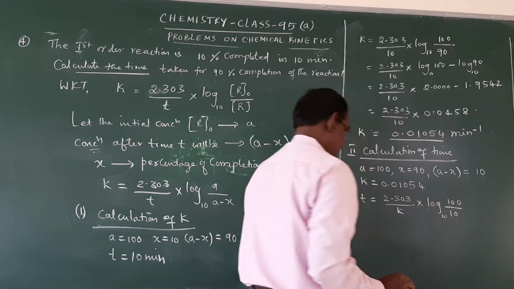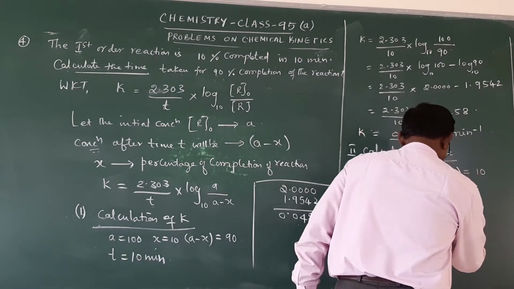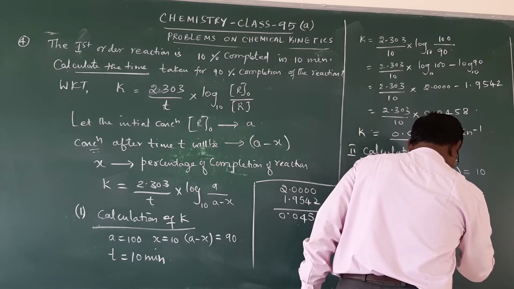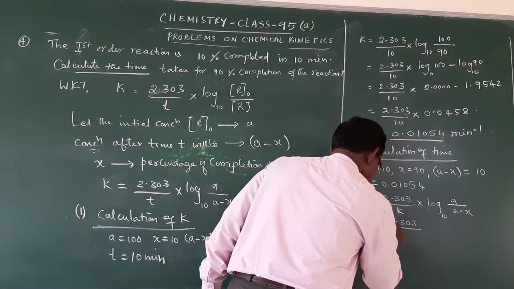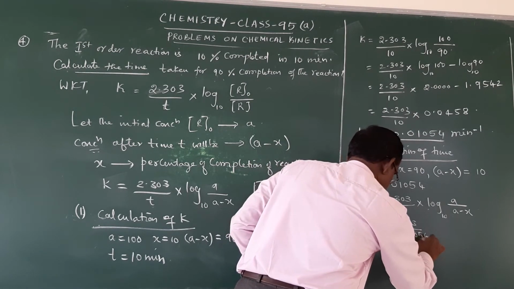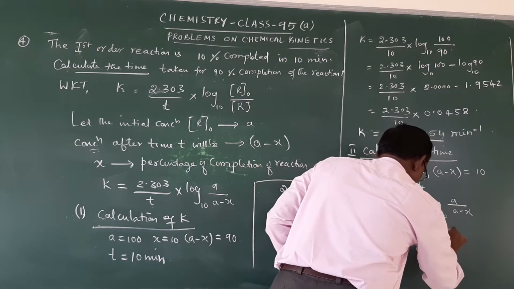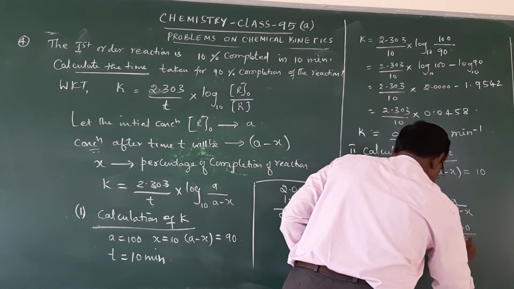So that will be equal to 2.303 divided by k. What is the k? 0.01054 into log 100 divided by 10 to base 10.